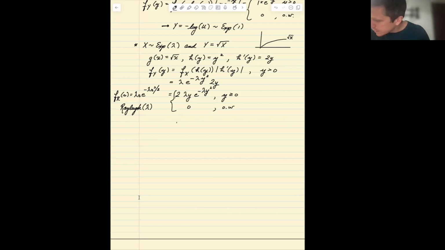So this is standard Rayleigh with parameter 2 lambda. So the Rayleigh distribution, which we saw before, we got it another way. Here we get it as the square root of an exponential. Okay, so those are a few examples of how transformations can be very useful. The change of variables formula in particular can be extremely useful for deriving properties of random variables that we express in terms of other random variables.